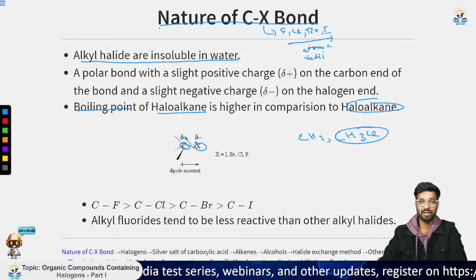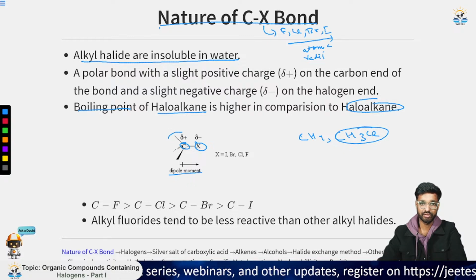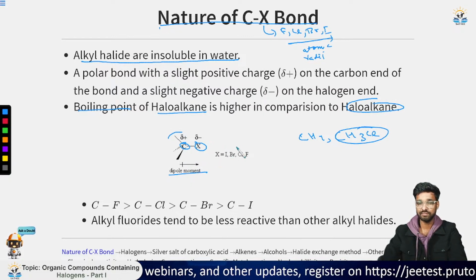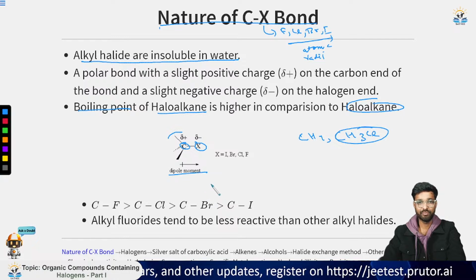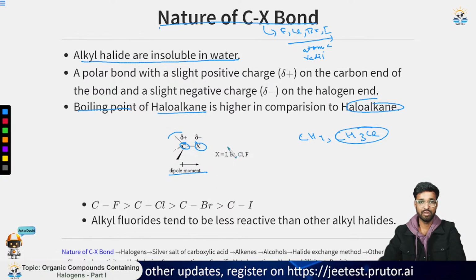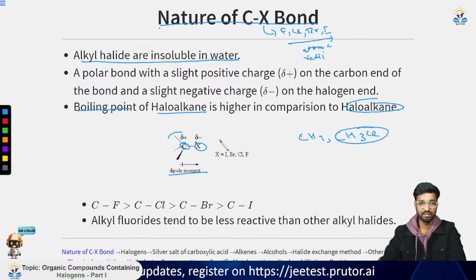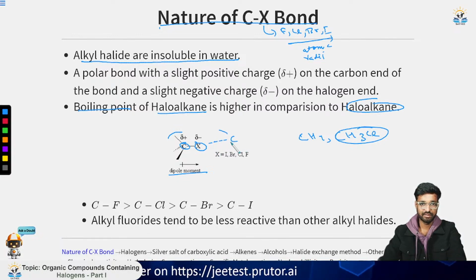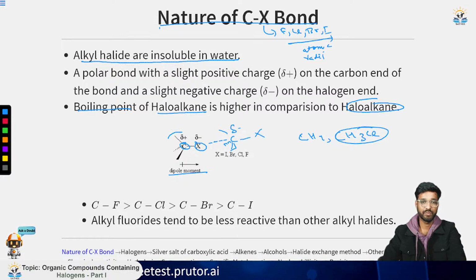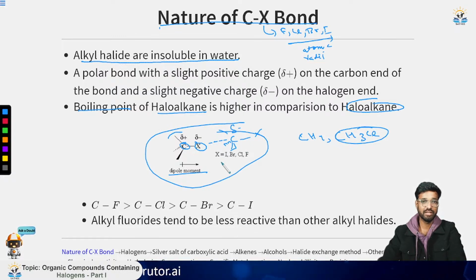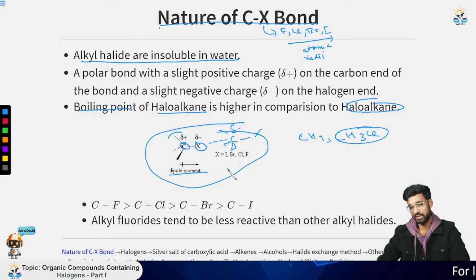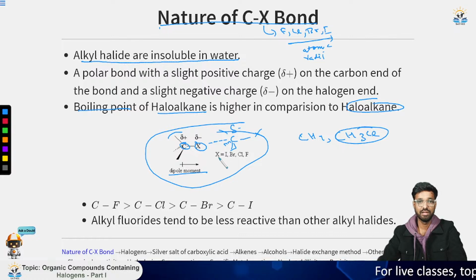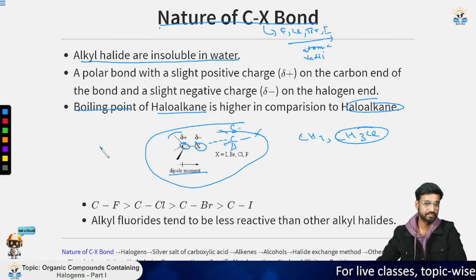Because it has a dipole moment going from carbon to halogen, and we have a dipole-dipole interaction with the next C-X molecule, and due to this interaction, energy is required to boil this or convert this haloalkane into vapor.